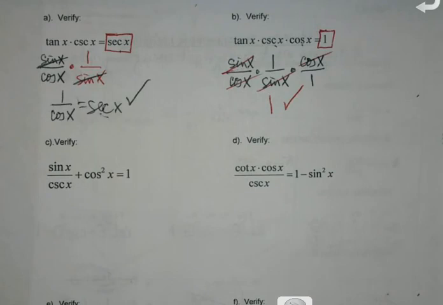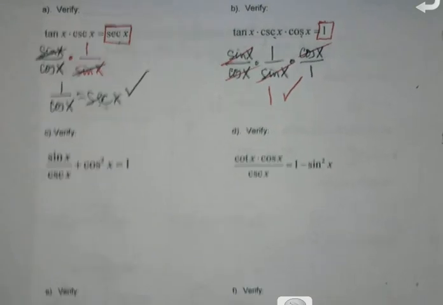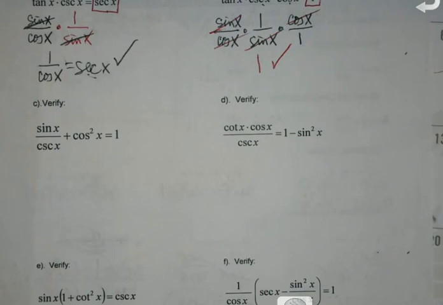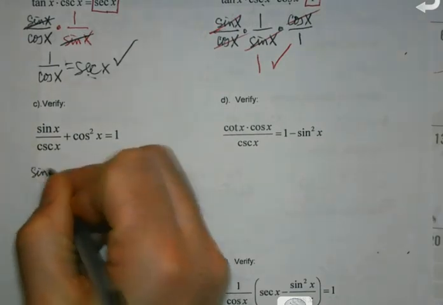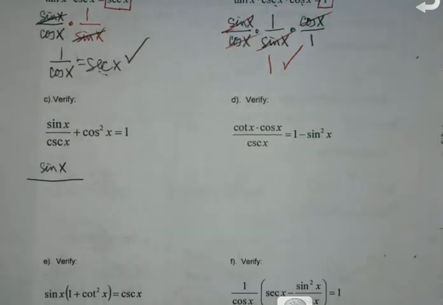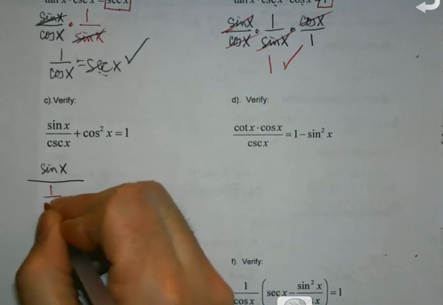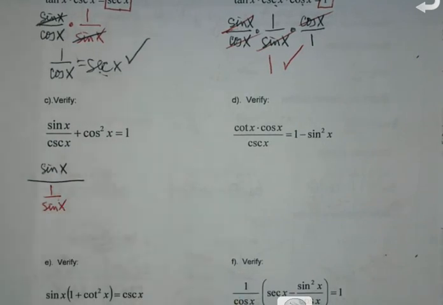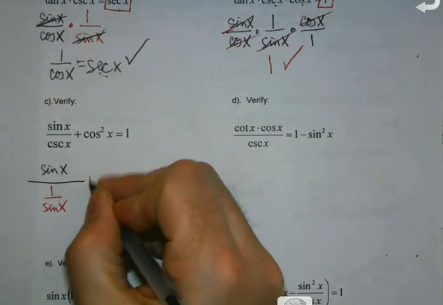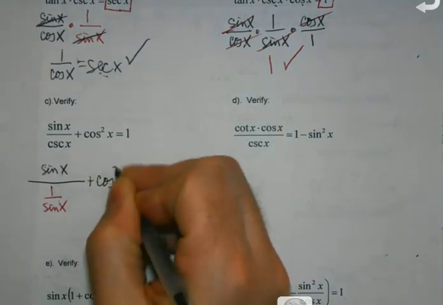Oh, one of our favorite things, fractions. All right. Sine is itself. Leave it alone. Okay, cosecant is 1 over sine. I would suggest just doing one thing at a time.